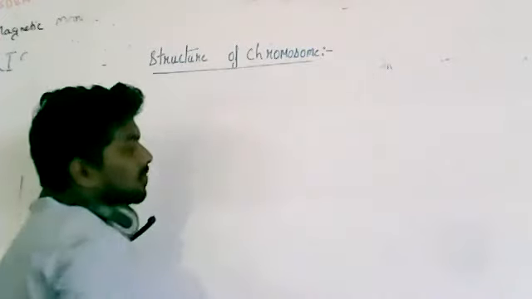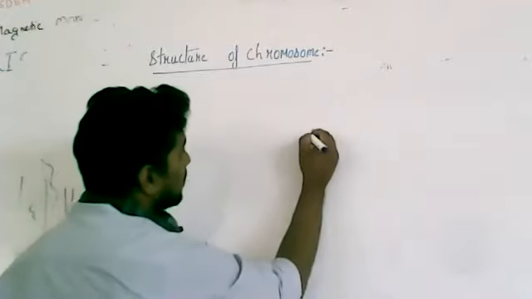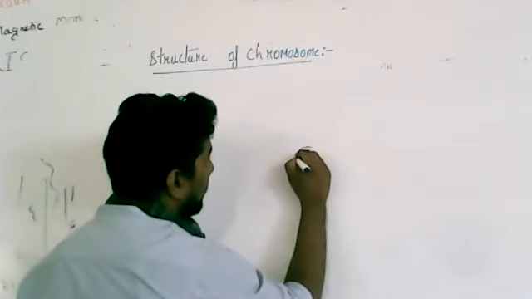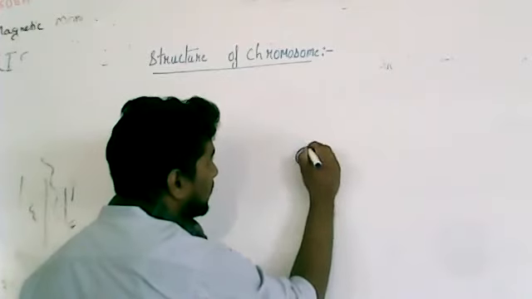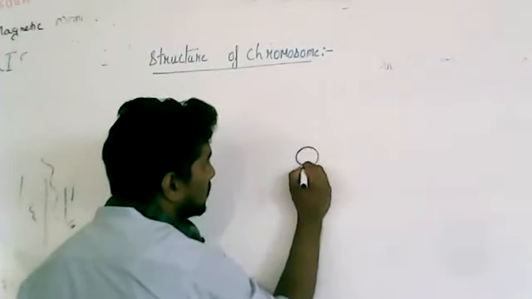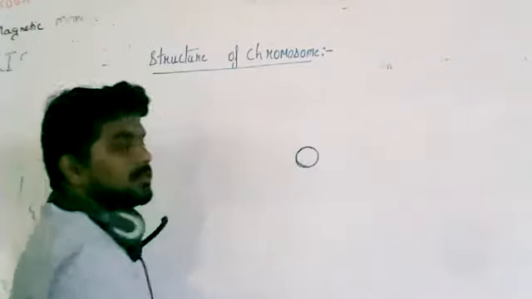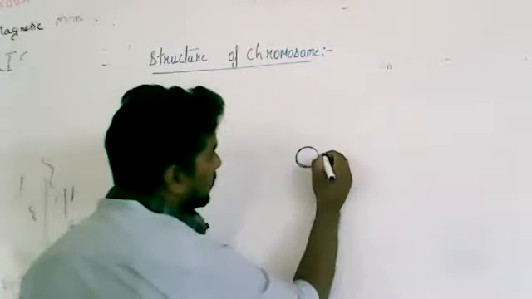Okay. So chromosome, they have a centromere, which is located at the center. So the center part is called as centromere.